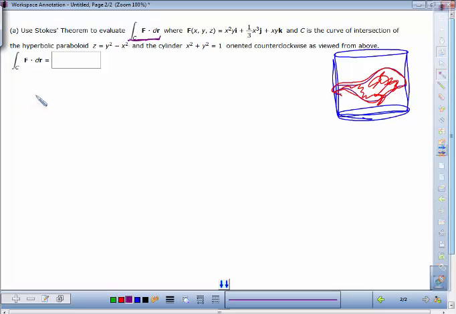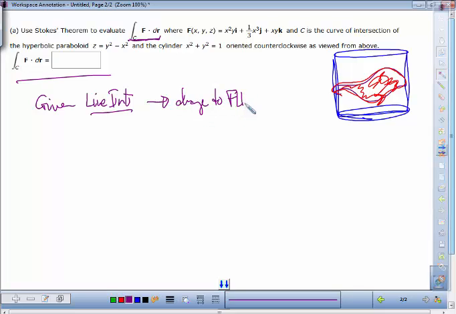So let's make a note to ourselves: given a line integral that we need to compute, I'm going to change that into flux using Stokes.